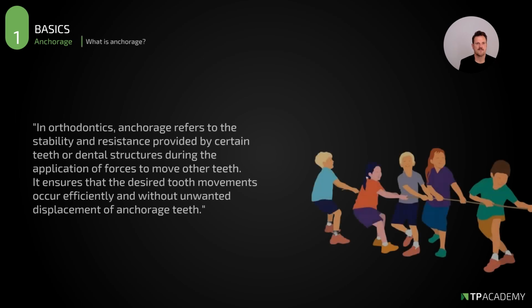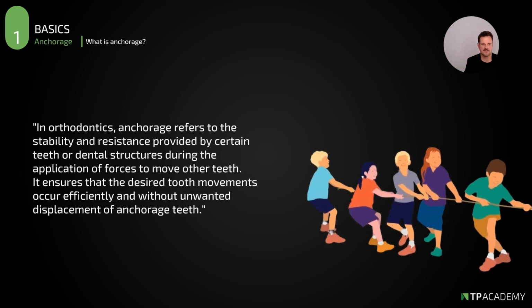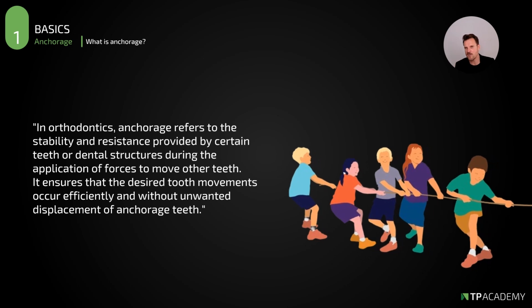So at first, what we need to understand in orthodontics, and even more in aligner orthodontics, is that Anchorage refers to the stability and resistance provided by certain teeth or dental structures during the application of forces to move other teeth. Especially for aligners, we have even more of a problem because we only have the tooth structure.